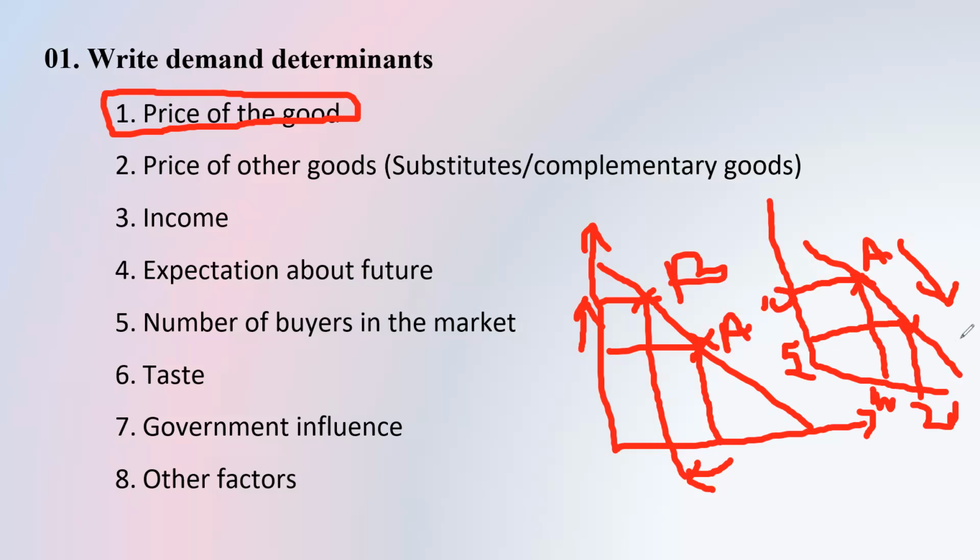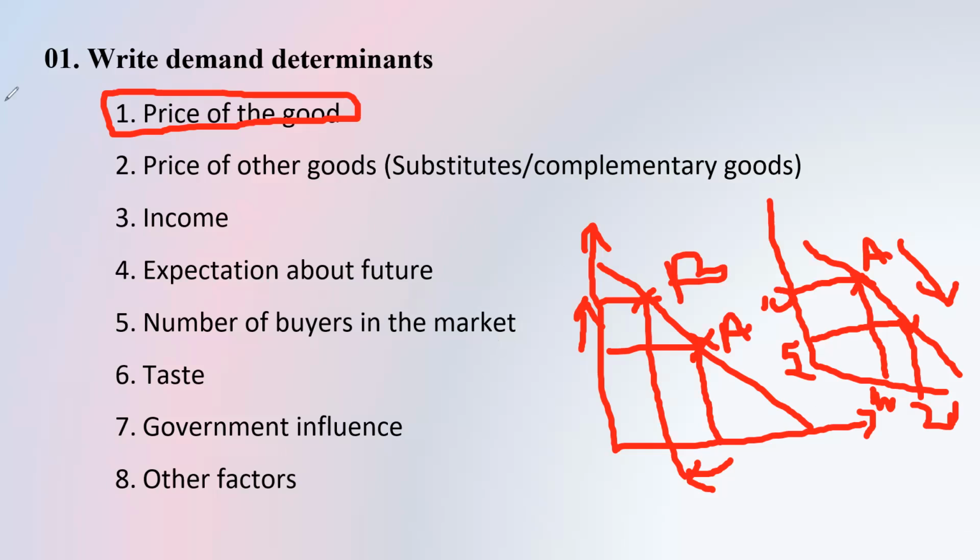So when there's a price change of the commodity, what will happen? That may lead to movements along the curve, right? There may be an upward or a downward movement.